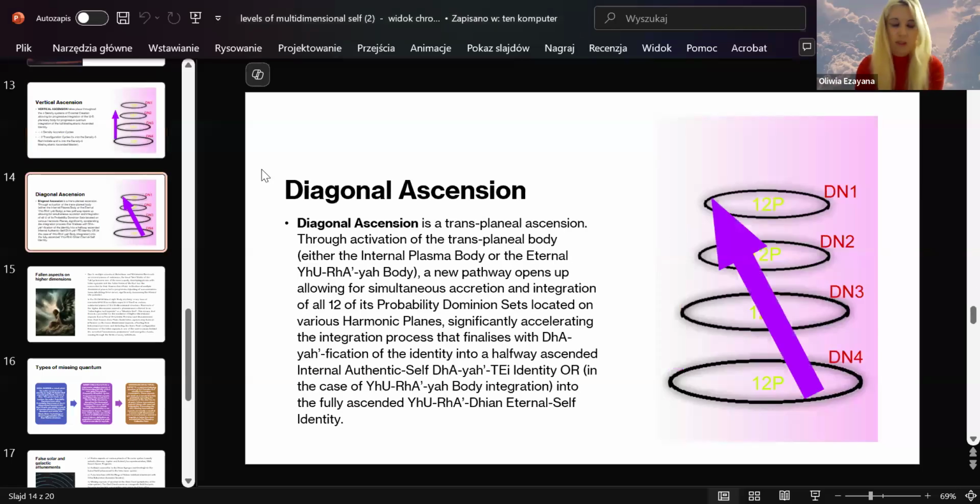The best way to do it is the diagonal ascension, which is a transplanial ascension.